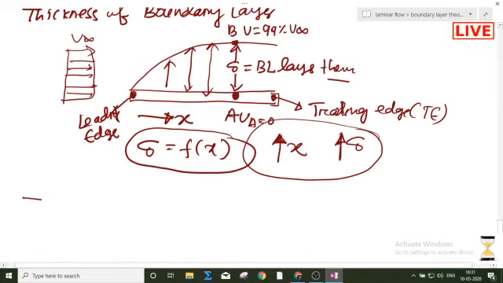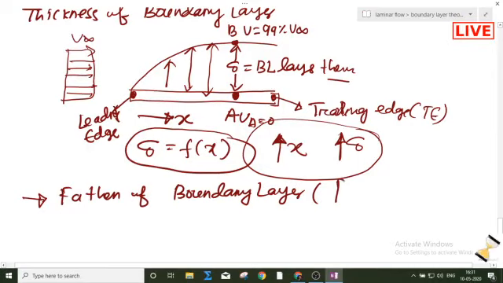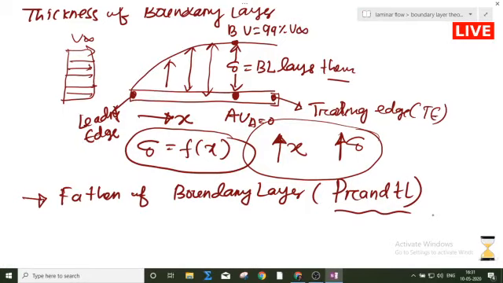This boundary layer theory was investigated by one scientist, who is called the father of the boundary layer, and his name is Prandtl. When Prandtl was investigating the boundary layer theory, he concluded that the flow occurring on the solid surface is initially laminar.